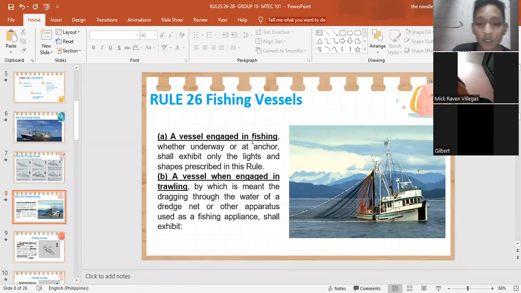Paragraph B is a vessel engaged in trawling, which means the dragging through the water of a dredge net or other apparatus used as a fishing appliance. This is the dredge net.